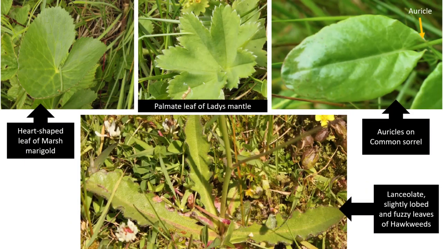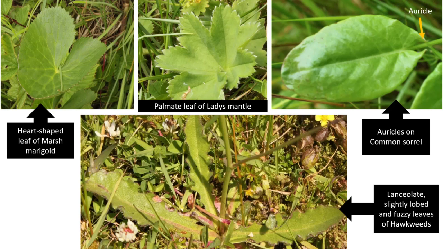And then we have other leaves that you might look for in your meadows or your grasslands. Here's the heart-shaped leaf of the marsh marigold. You can easily distinguish that from the palmate leaf of the lady's mantle, which is again easily distinguishable from the kind of rounded leaf with these little outgrowths at the end called auricles of the common sorrel, versus something that looks like this kind of very fuzzy shaped leaf of the hawkweed.